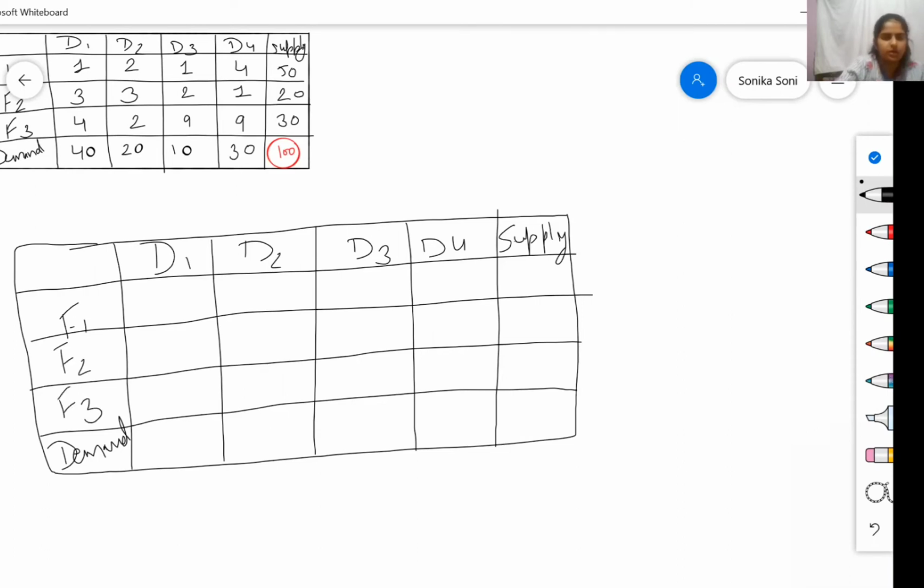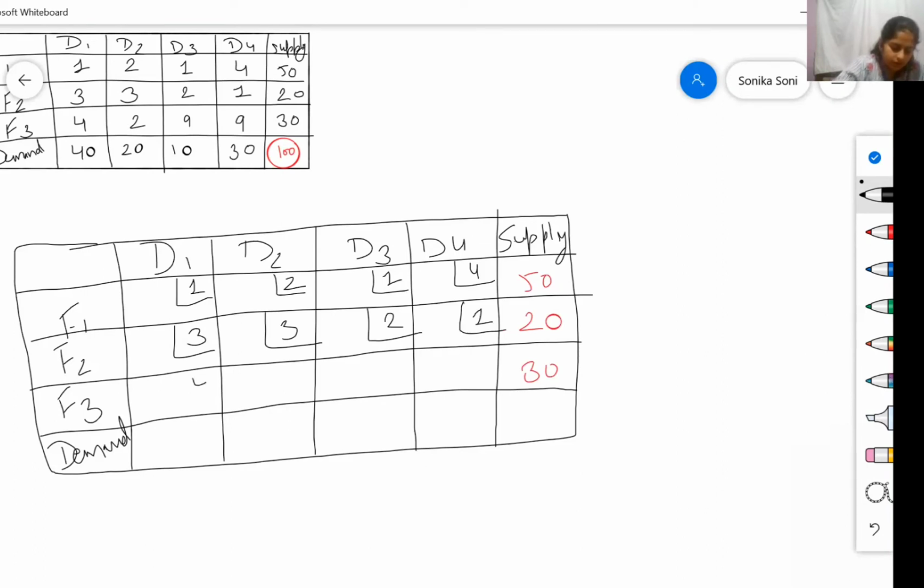As usual, we write the cost in the smaller box, which means we write here 1, 2, 1, and here it is 4, and the supply is 50 for F1, 20 for F2 and 30 for F3. Now in the second row we have 3 as F2D1, 3 as F2D2, 2 as F2D3 and 1 as F2D4.